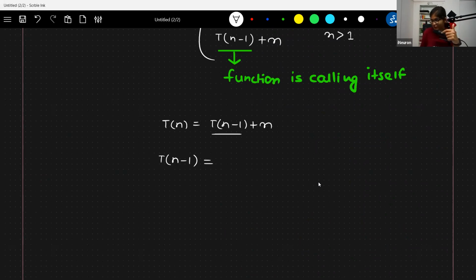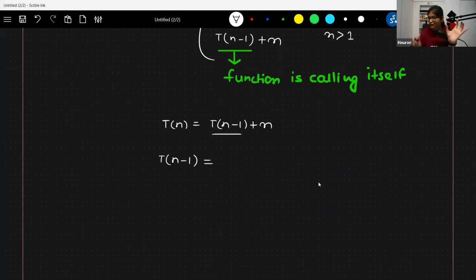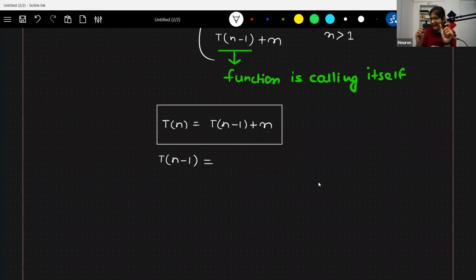If you substitute instead of n minus 1, can you give me the equation of T of n minus 1? Just focus on the above equation. This is the standard equation that is given to us. Focusing on the above equation, can you give me the equation for T of n minus 1?